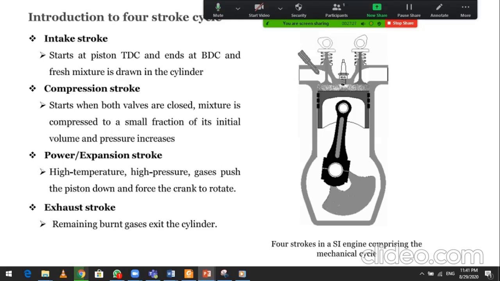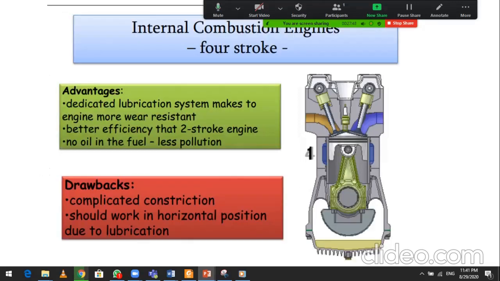The compression stroke starts when both valves are closed. The mixture is compressed to a small fraction of its initial volume, and pressure increases. In the power expansion stroke, high temperature, high pressure gases push the piston down and force the crank to rotate. In the exhaust stroke, the remaining burnt gases exit the cylinder.